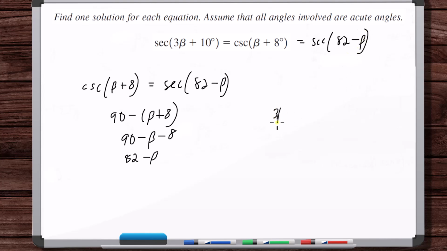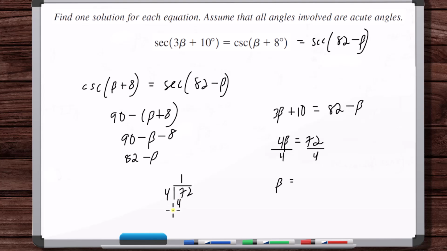All right, so 3 beta plus 10 is equal to 82 minus beta. Add beta to both sides. Subtract 10 from both sides. So 18 degrees.